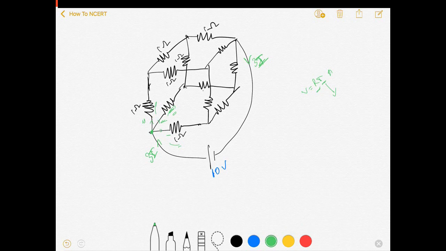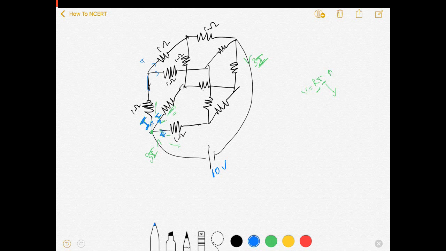All right. So here I'm going to get I over here, and I over here, right? That's the amount of current that comes into these three loops. And now, from here, my current gets split up into two more parts, right?